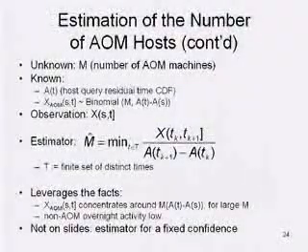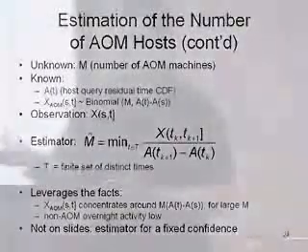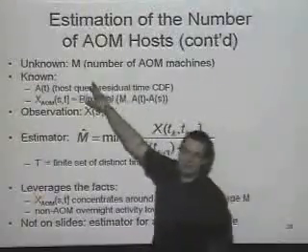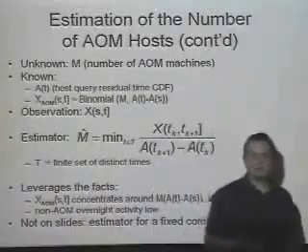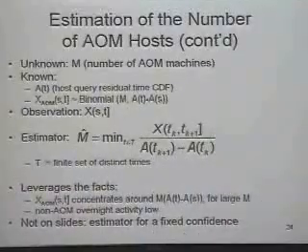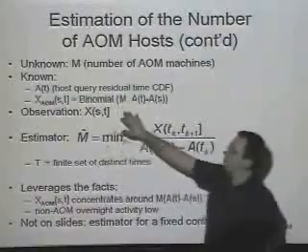So how do we go with this? The thing to observe is that if I start observing from 8 a.m. and I assume there is a number of AOM machines, M, which is an unknown parameter, and I ask you how many queries would fall into the time interval, say, 10 to 11 a.m., what we know is that this random variable is binomial.